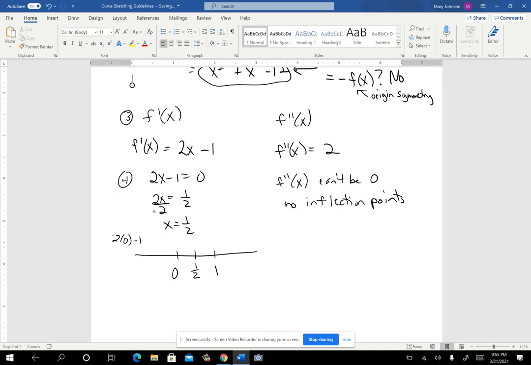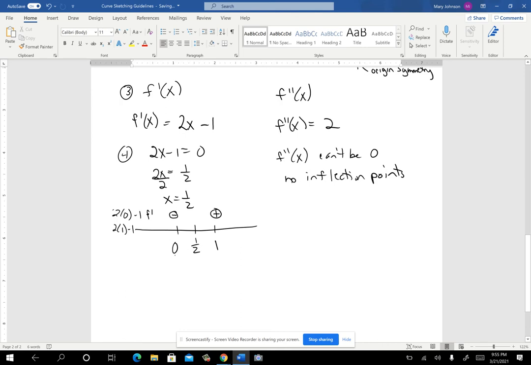So when I plug in a 0, I'm going to get a negative. Okay. And when I plug in a 1, I'm going to get a positive. So that's what the first derivative values turned out to be.